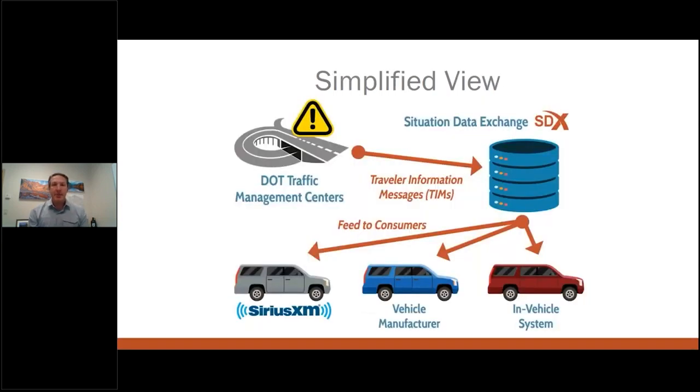Let's look at a really simplified view of this. So we've got DOT traffic management centers. They're generating traveler information messages, depositing those to the situation data exchange. SiriusXM is then pulling from that. I do want to stress that there are other means of communication that we can push these same traveler information messages out by.